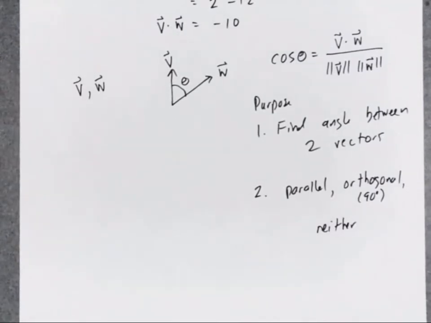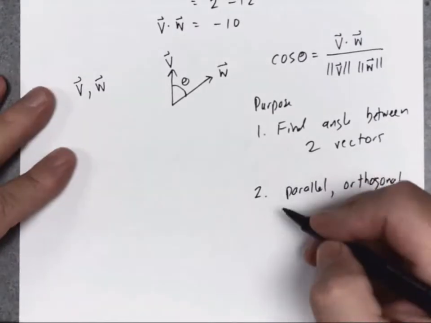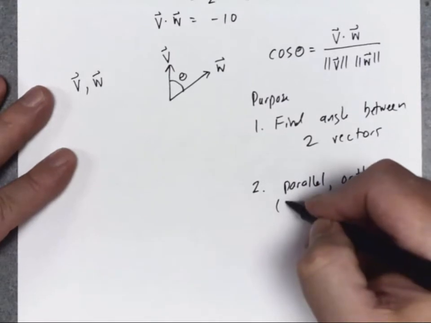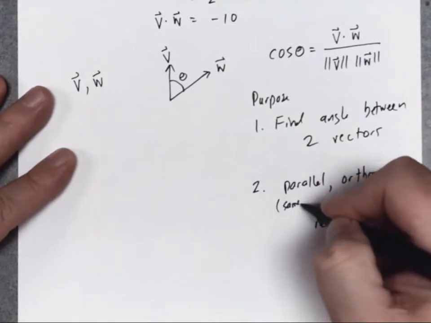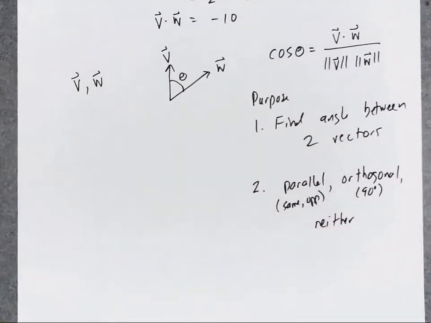And one little added note that you'll see in a minute: if we end up having two vectors that are parallel, we also have two kinds. Sometimes the vectors go in the same direction. Sometimes the vectors go in opposite directions.